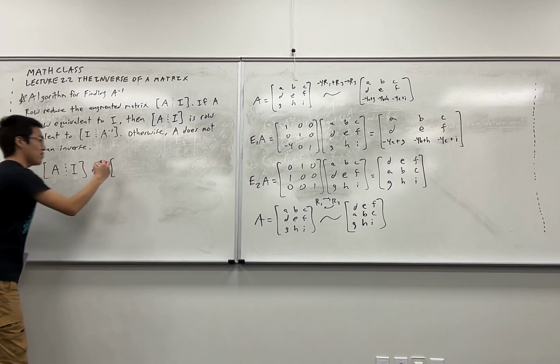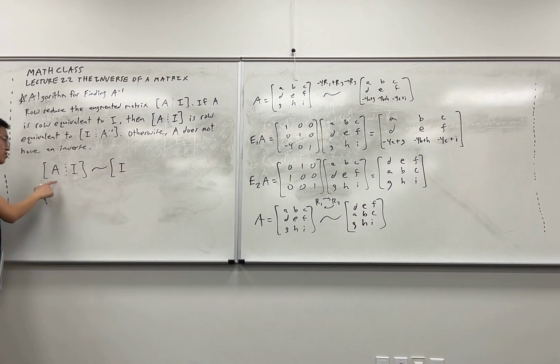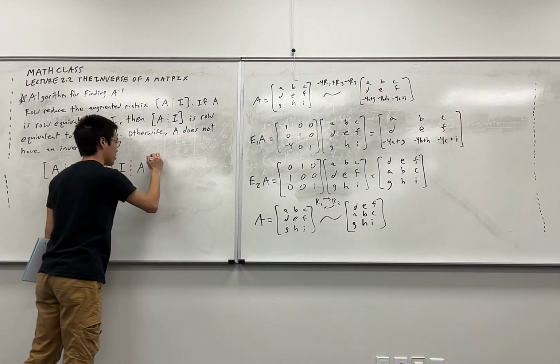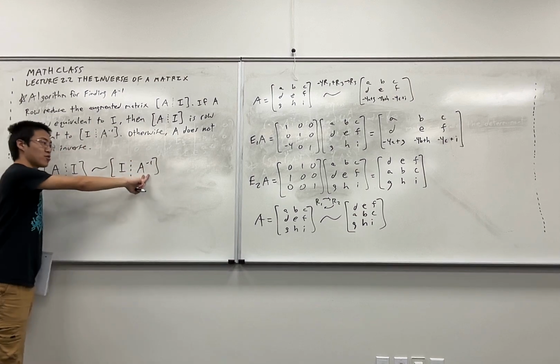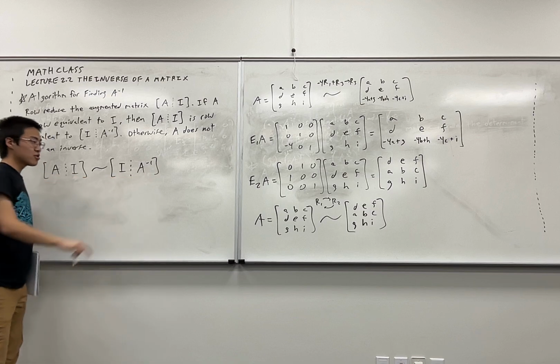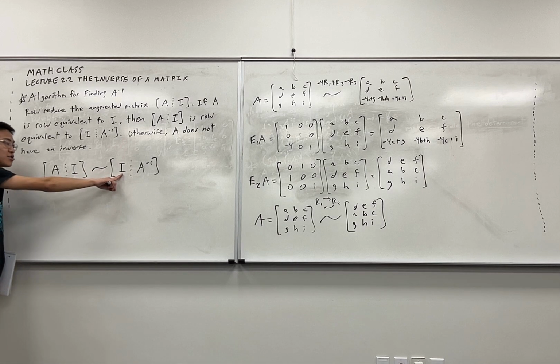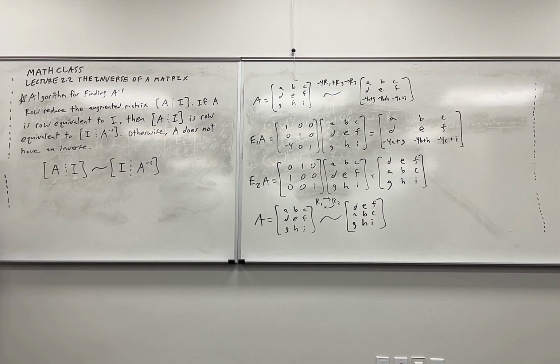And then if it's possible for me to get this down to the identity over here, then we've essentially said whatever is remaining on this side encodes the instructions to undo your matrix. If you cannot get to an identity, you found out that your original matrix cannot be undone, so it has no inverse.